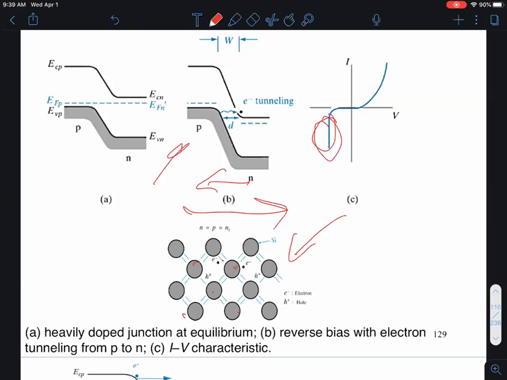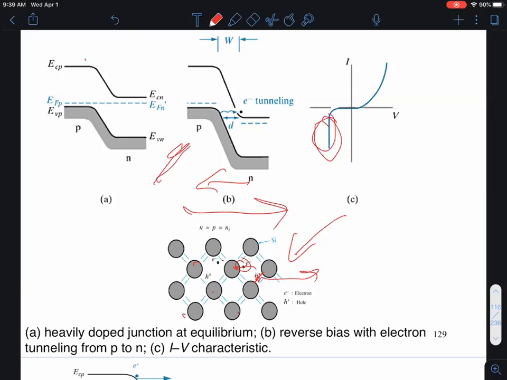And if the force is high enough, you might pull out some of these electrons from these covalent bonds and they move opposite to the electric field. And in the process, it creates a free electron in the conduction band, okay? And of course, if an electron is ripped out of one of these bonds, what is that? That is a hole, and that would then move in the direction of the electric field. And this process of covalent bond breaking can happen very, very easily if the fields are high enough, okay? That's in terms of the bond picture.